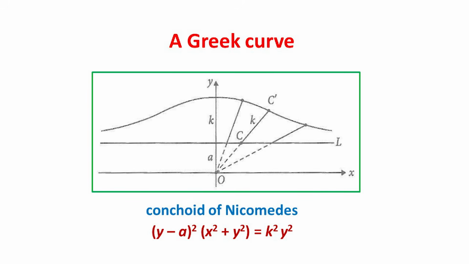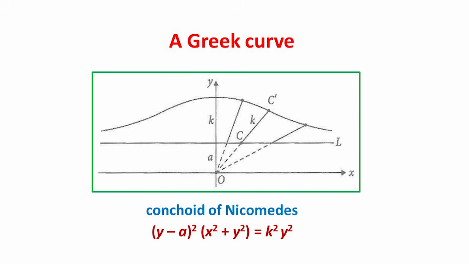Over the millennia, many types of curve have arisen, often through attempts to solve particular problems, mathematical and otherwise. Here's one from Greek times. It's the conchoid of Nicomedes, meaning like a conch shell, which arose when he was seeking a general construction for dividing angles into three equal parts.